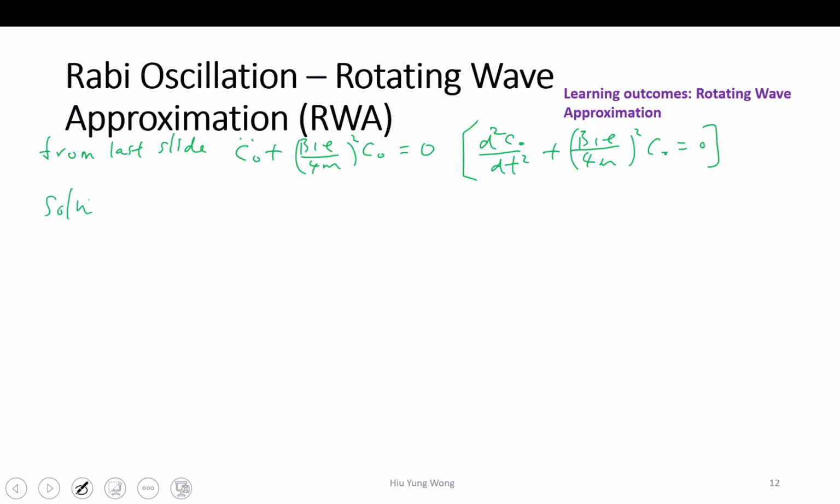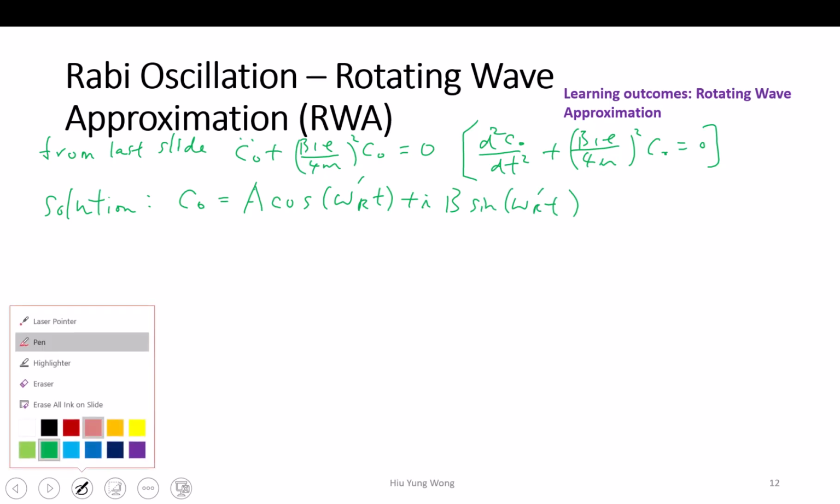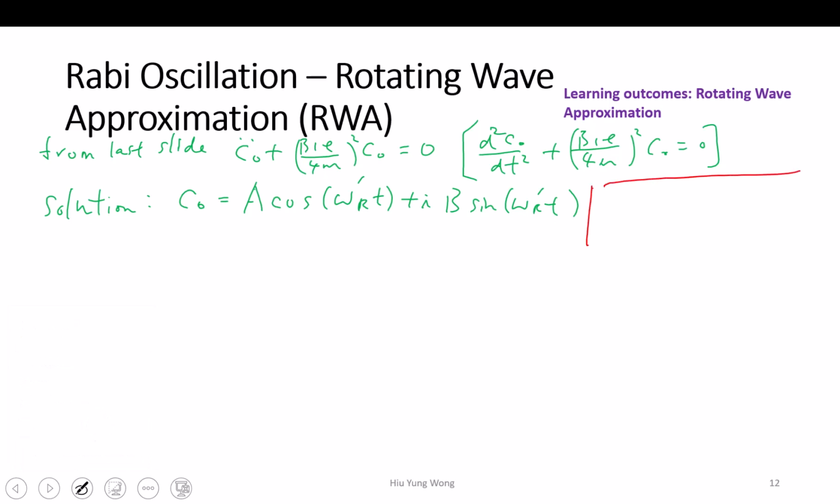The solution turned out to be C0 equals A cosine omega_R' t plus iB sine omega_R' t, where I set omega_R' equals B1E divided by 4m.